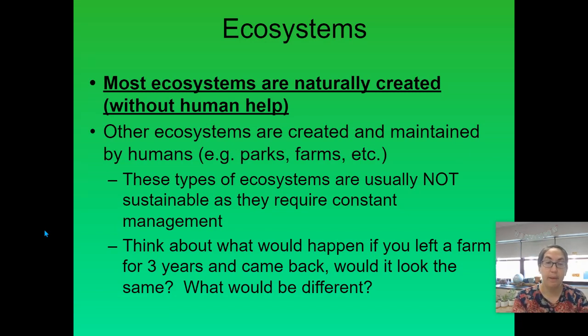So think about if you have a farm and you just abandoned that farm, walked away from it for 3 years and came back, would it look the same or would it be different? So in your notes, you're going to do a little reflection and give me some thoughts about what happens to human-created ecosystems if left without maintenance.